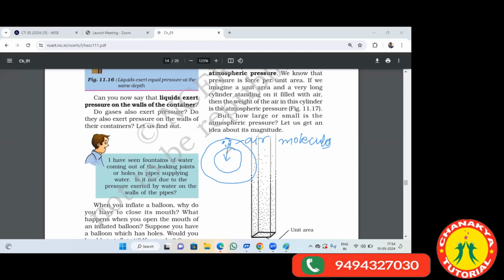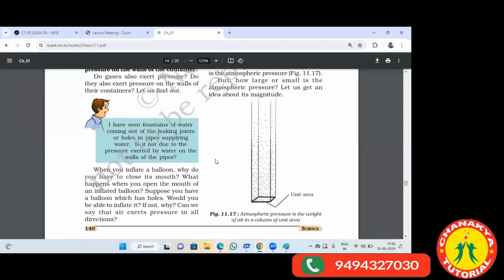Gravity pulls all the air molecules towards it. Therefore, all the air molecules exert a pressure on the surface of the Earth. And this pressure exerted by the air molecules on the surface of the Earth is called atmospheric pressure.